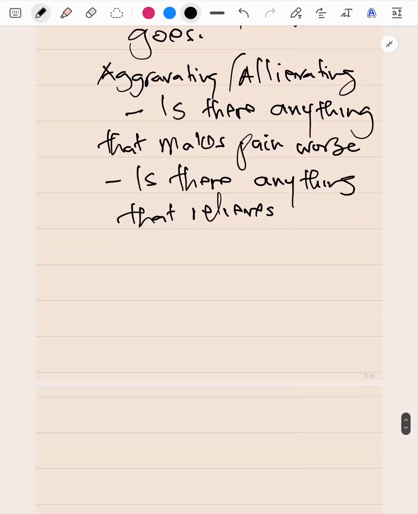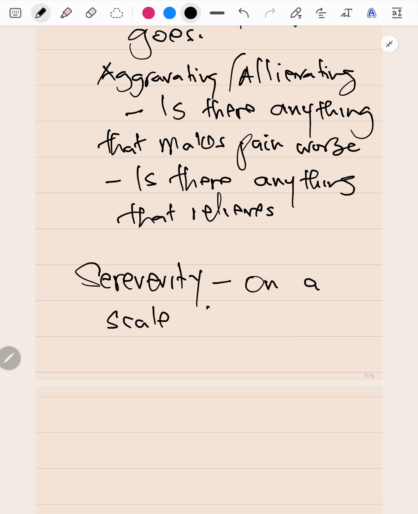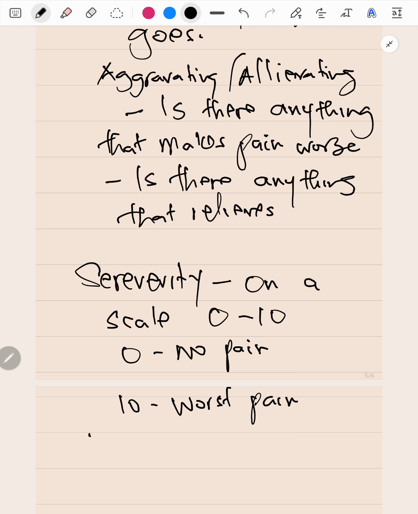Now, severity. Very important to know how to ask this. You will ask them, on a scale of 0 to 10, 0 being no pain and 10 being the worst pain, where would you score your pain?